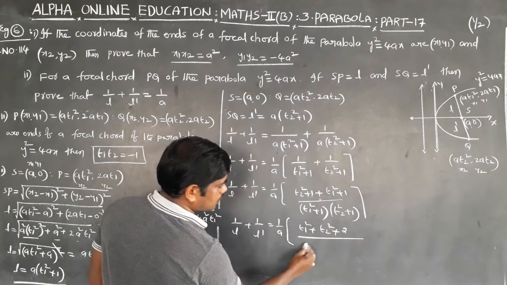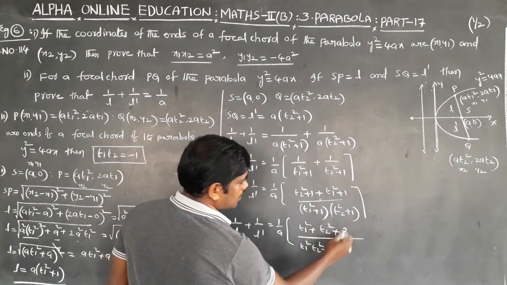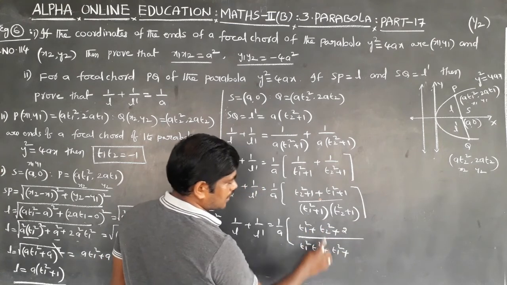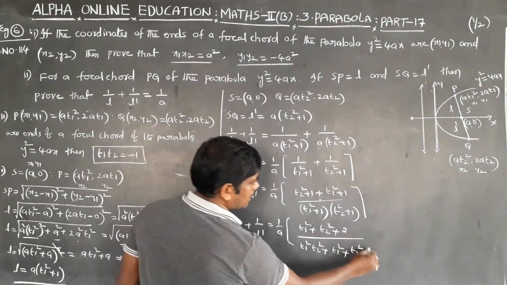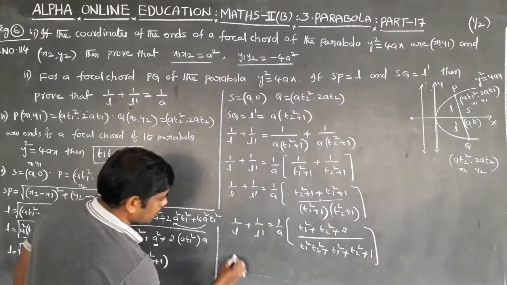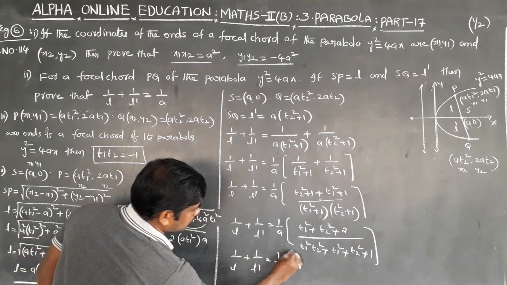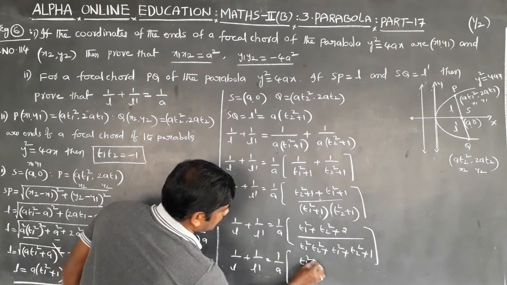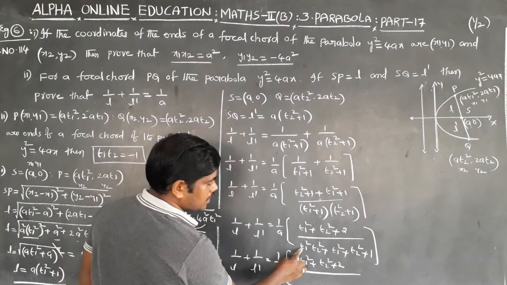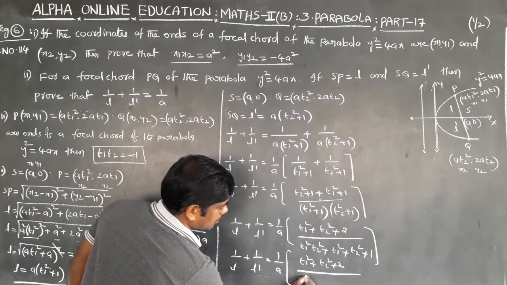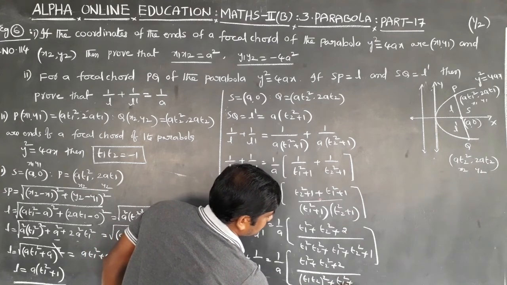Multiplying: t1 square into t2 square, t1 square into 1, 1 into t2 square, and 1 into 1. So 1 by L plus 1 by L dash is equal to 1 by a into (t1 square plus t2 square plus 2) by (t1 square t2 square plus t1 square plus t2 square plus 1).